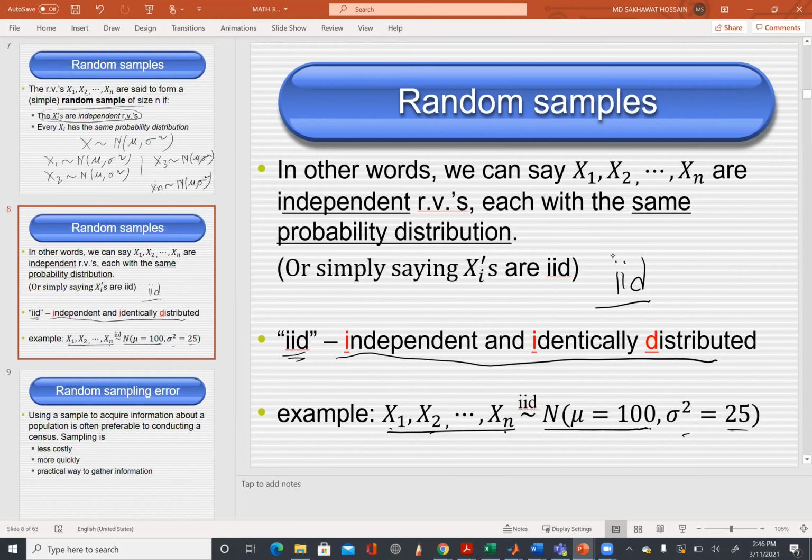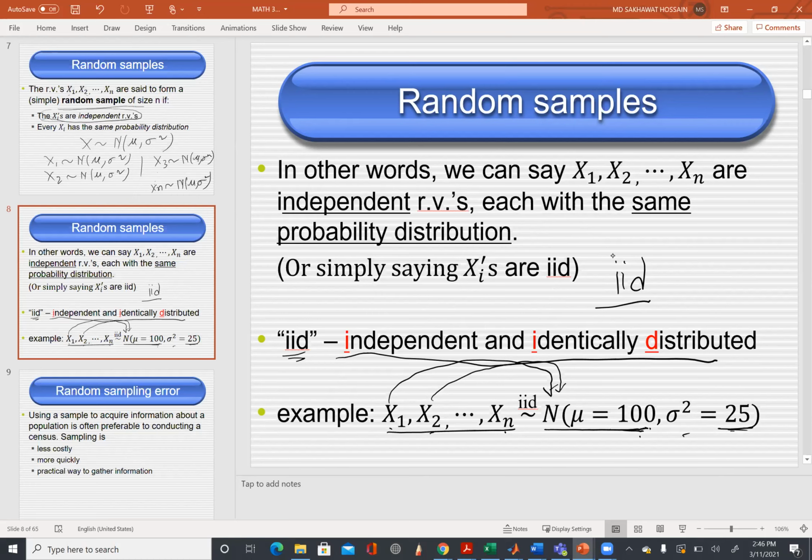This means that x1 is a random variable which is normally distributed with mean 100 and variance 25. X2 is also normally distributed with mean 100 and variance 25. Similarly, x3 has the same distribution, and xn also has the same distribution.